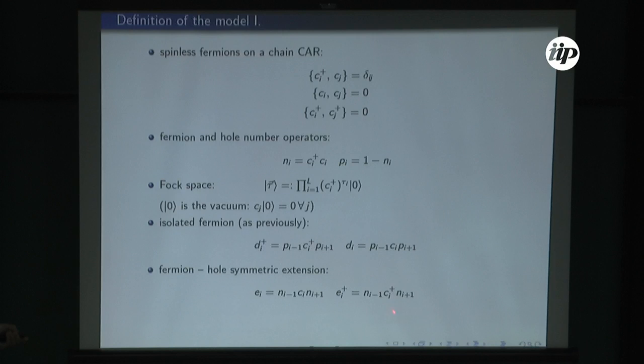And this e i plus is the reverse operator. So simply speaking, what these operators do, d plus and d, they are mapping between these two states, and e i and e i plus, they are mapping between these two states. So I hope this is clear, right?